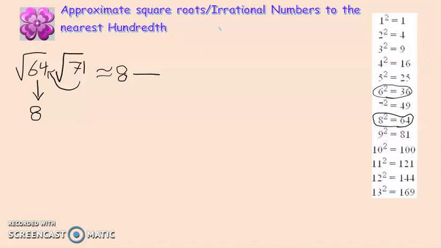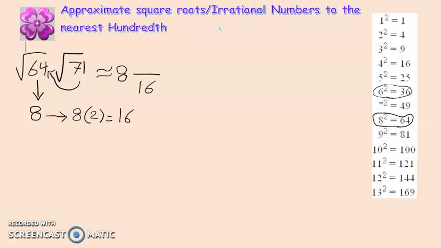The more than 8 should be represented as a fraction. Again, you need 2 steps. First, double the 8, the root that you found. 8 times 2 is 16, which should sit in the denominator.